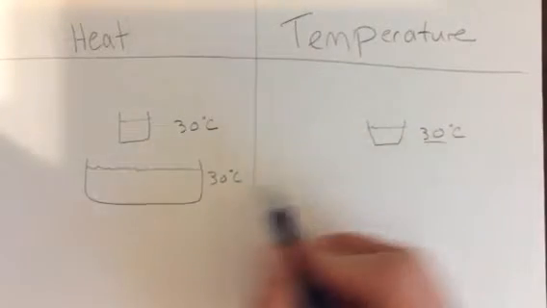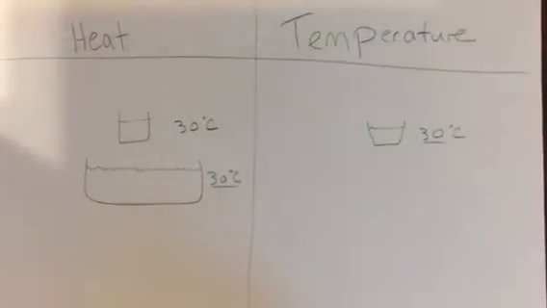Now, the temperatures haven't changed. So both at 30 degrees Celsius, so the temperature would be the same in the coffee cup as it would be in the bathtub. But now the heat is your total amount of energy.